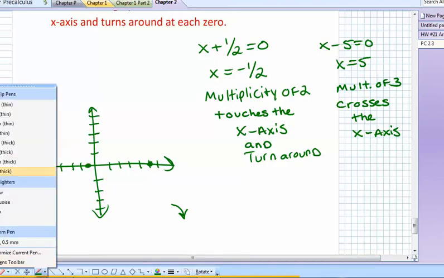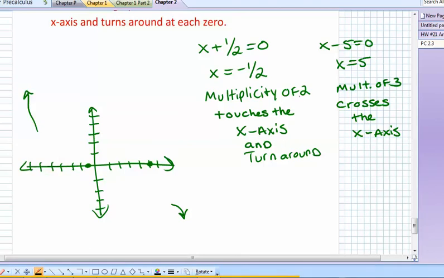Now basically what this tells me here with the multiplicity of 2 is that this graph approaches -1/2, touches it, and then goes back up, and then approaches 5, but since 5 is a multiplicity of 3, it crosses through, and then it goes down like that. Now I notice I'm just roughly sketching.